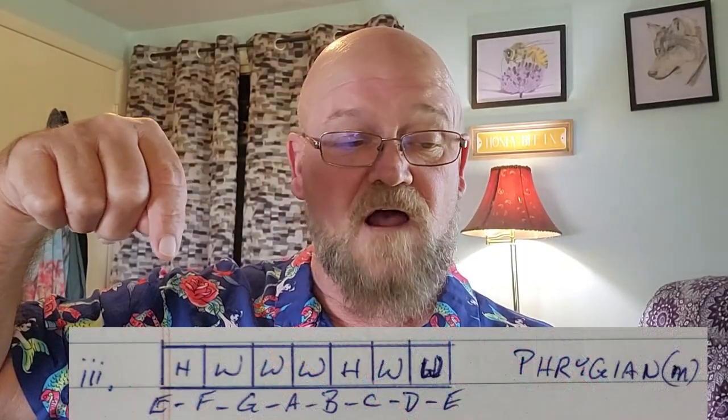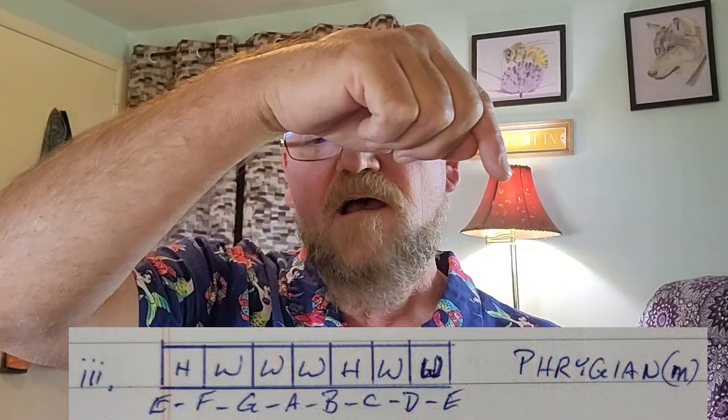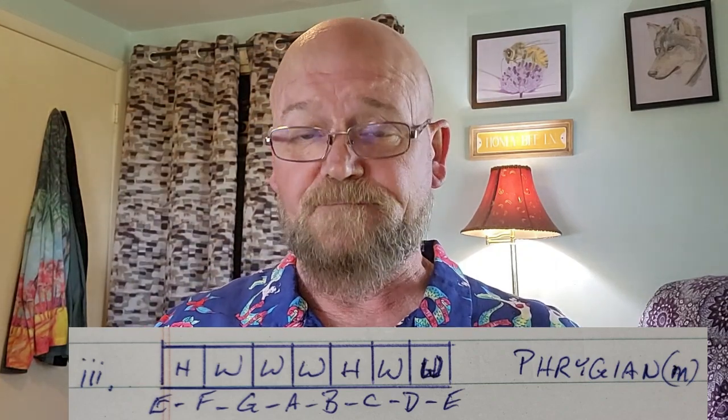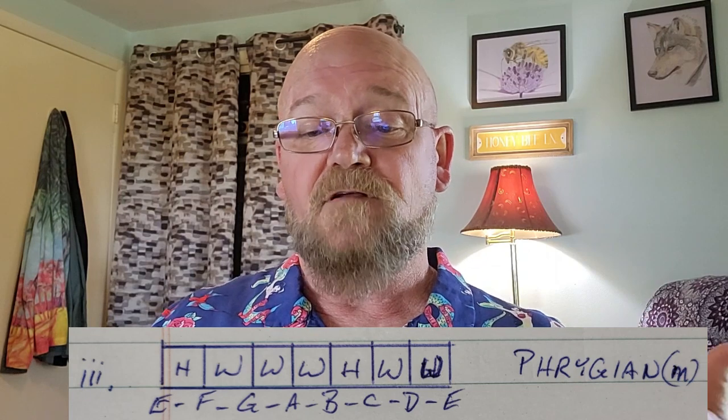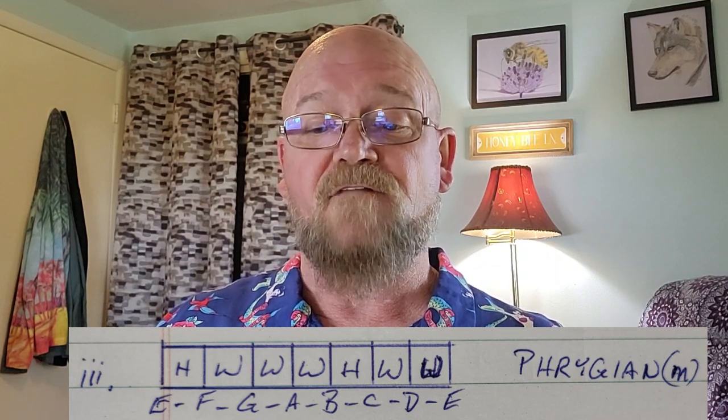Dorian mode. Now, if we continue on and take this block and move it to the end, we wind up with the Phrygian scale. The Phrygian scale is your half, whole, whole, whole, half, whole, whole. And it's one of those really exotic flavors you'll find. Let's play.